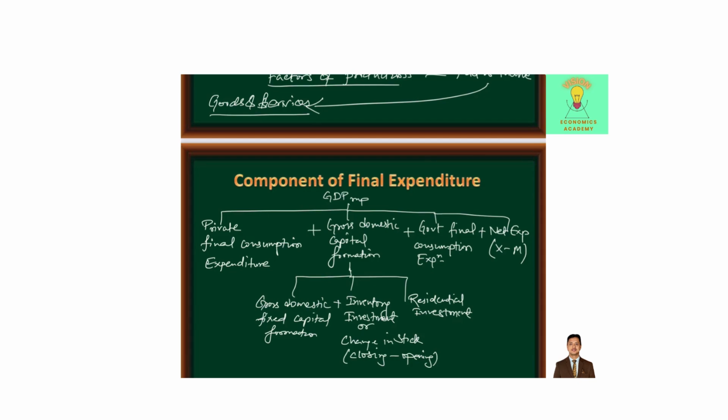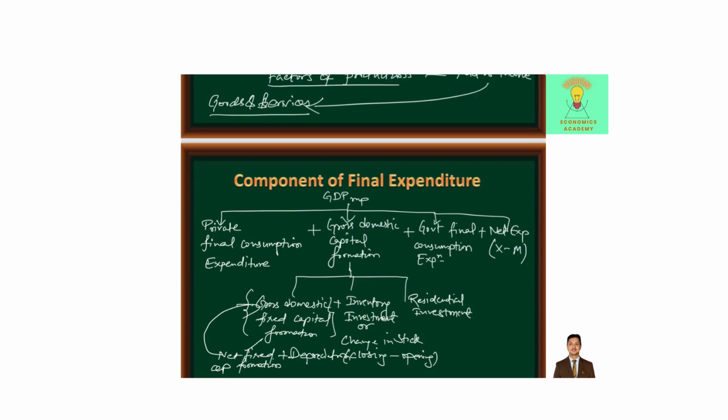Now, gross domestic fixed capital formation is the addition of net fixed capital formation. If you add depreciation to net, we get gross, right?